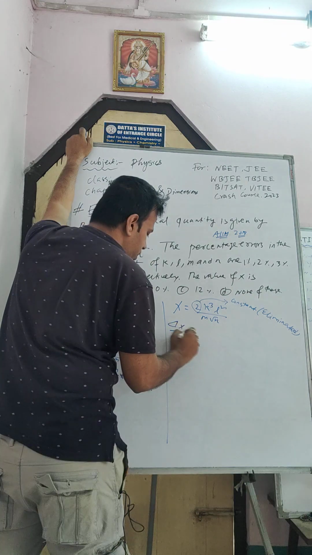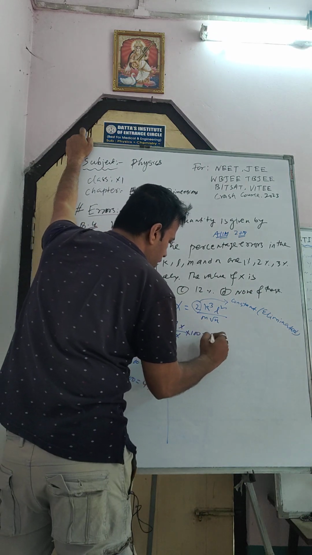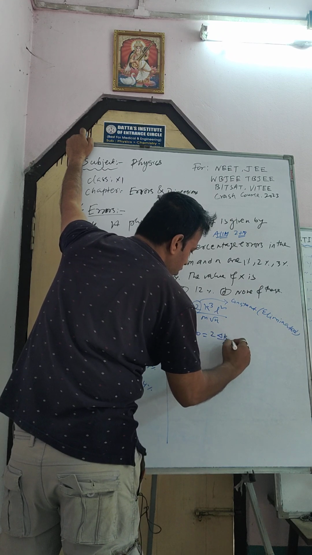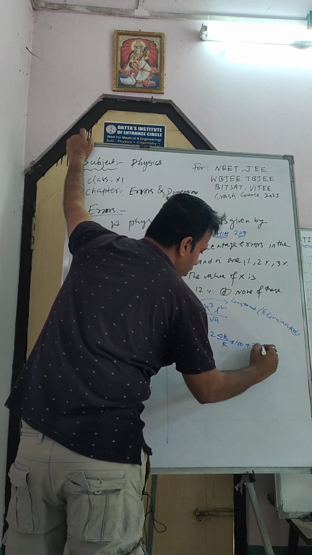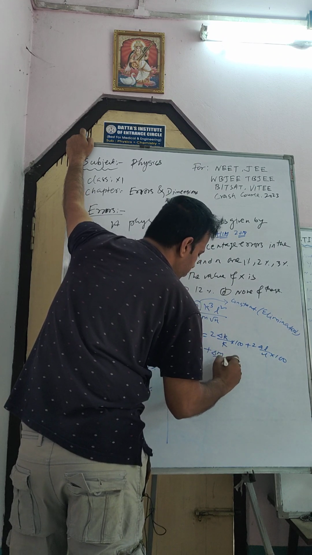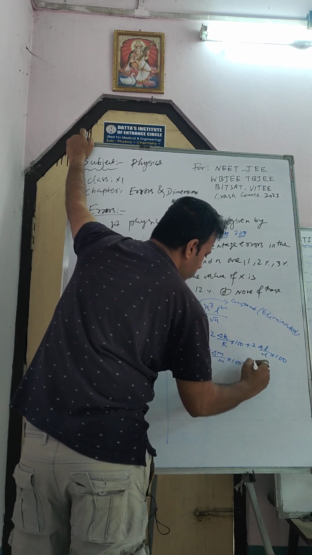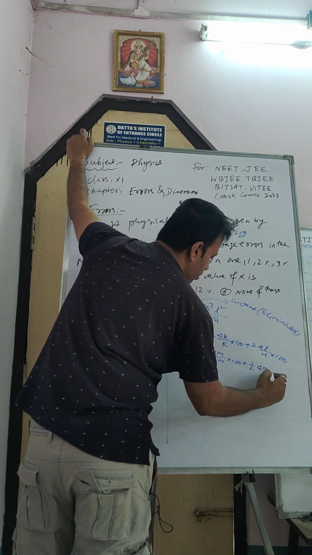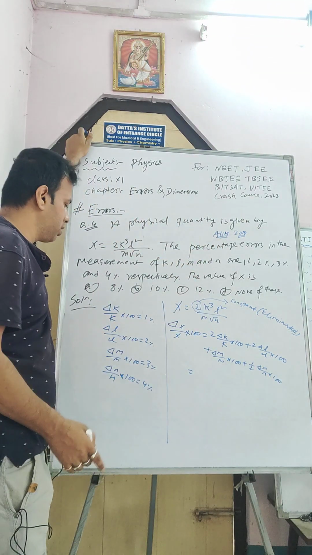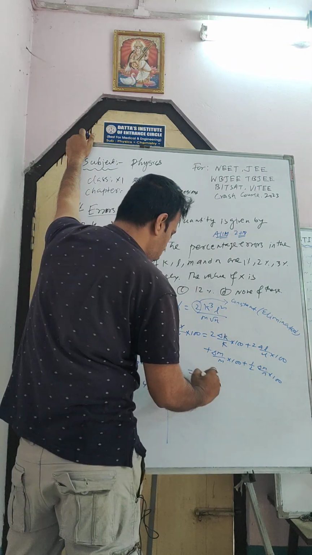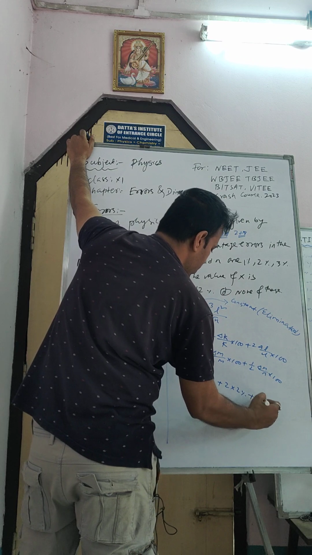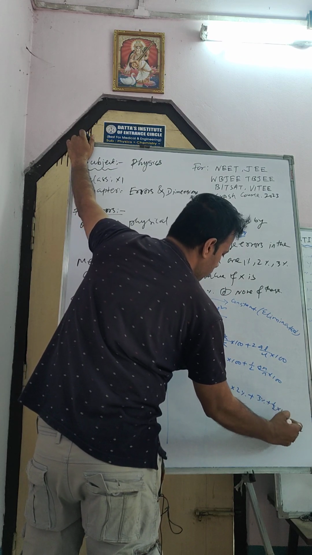So del x by x into 100 is 2 del k by k into 100 plus 2 del L by L into 100 plus del m by m into 100 plus half del n by n into 100. Now multiply: 2 into 1%, 2 into 2%, 3%, 1 by 2 into 4%.